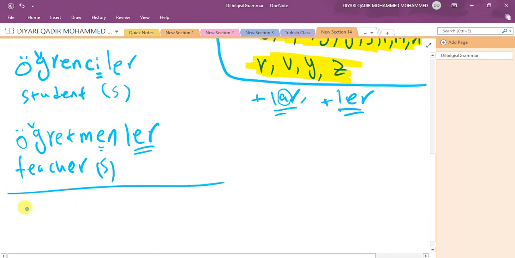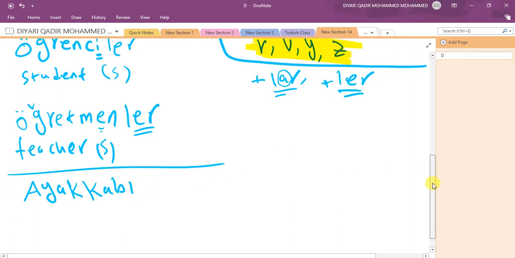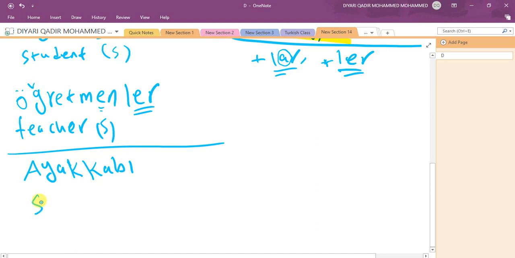Another example, like ayakkabı. This means shoe. Ayak, we learned, means foot.